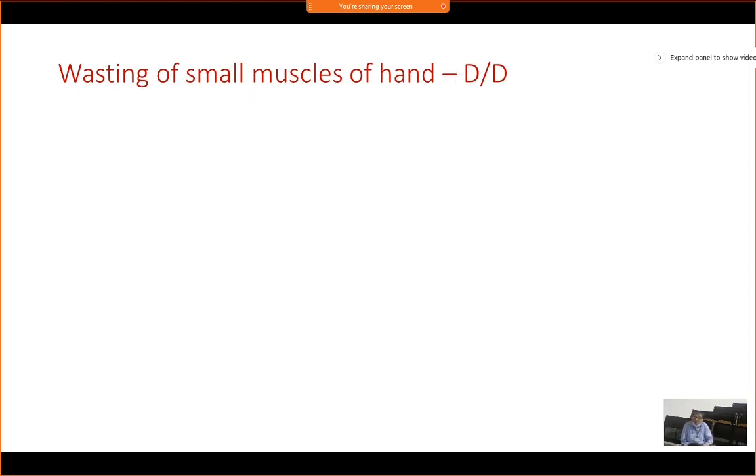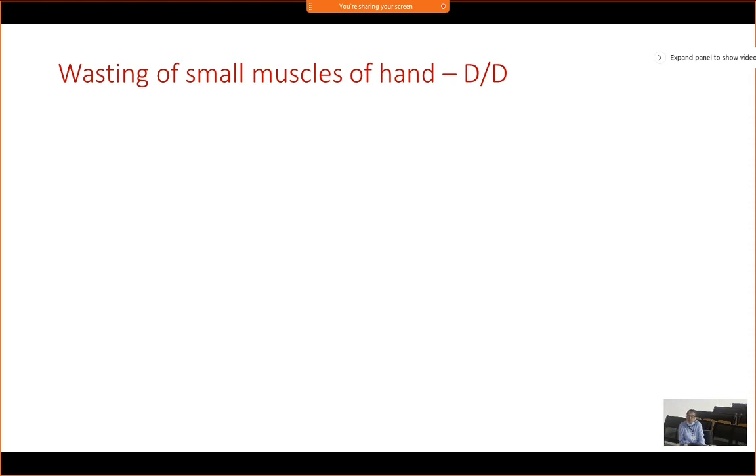Another important component that I would like to give you some idea about is that these people commonly come to you with wasting of the thenar and hypothenar muscles of the hand. Whenever a person comes with wasting of the thenar and hypothenar muscles of the hand, not all of them have motor neuron disease. Almost 80 to 90% of them have some form of treatable neuropathy or myopathy.